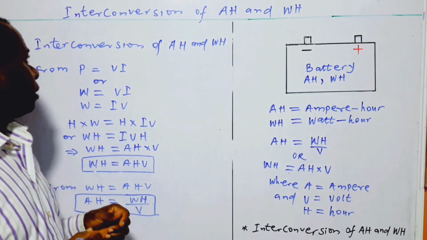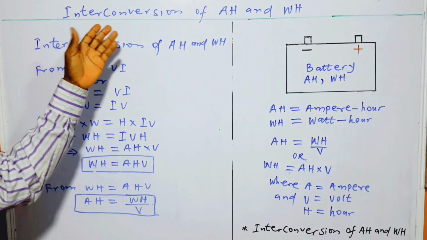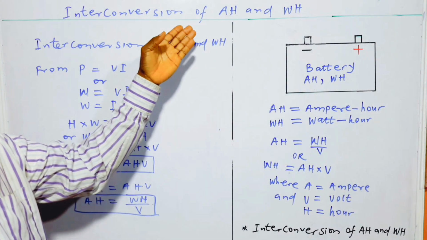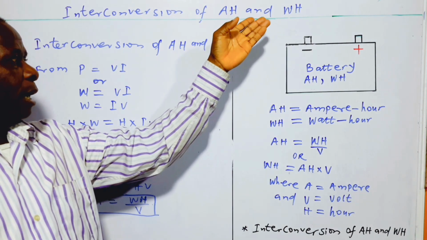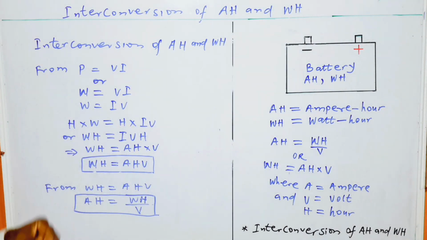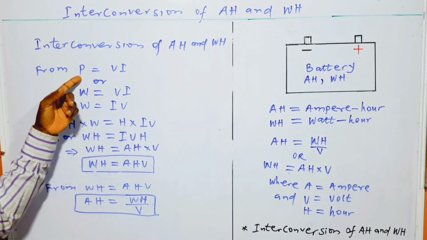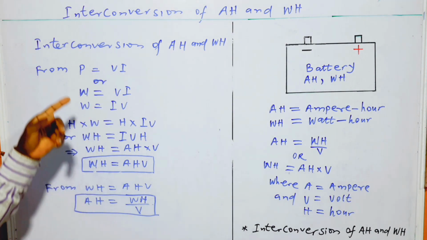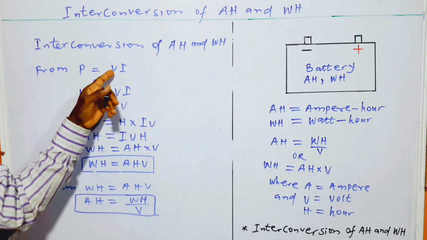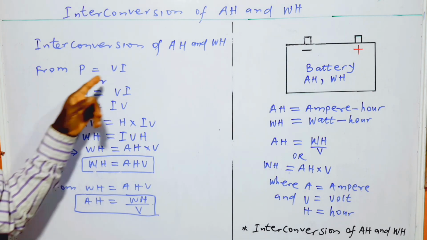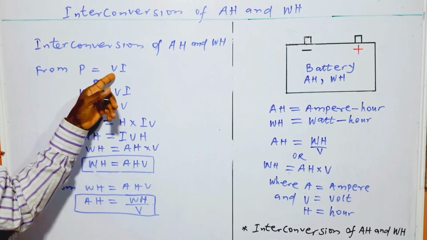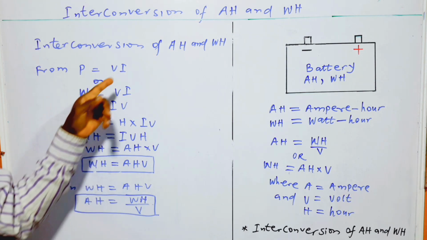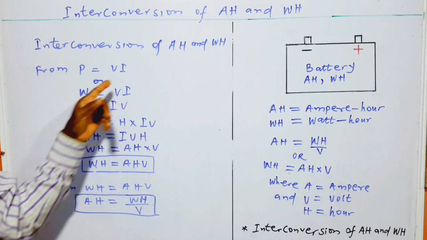Now, let us derive the formula for interconversion of Ampere-hour and Watt-hour. From power, P is equal to VI, where P is the power in watts, V is the voltage in volts, and I is the current in ampere.